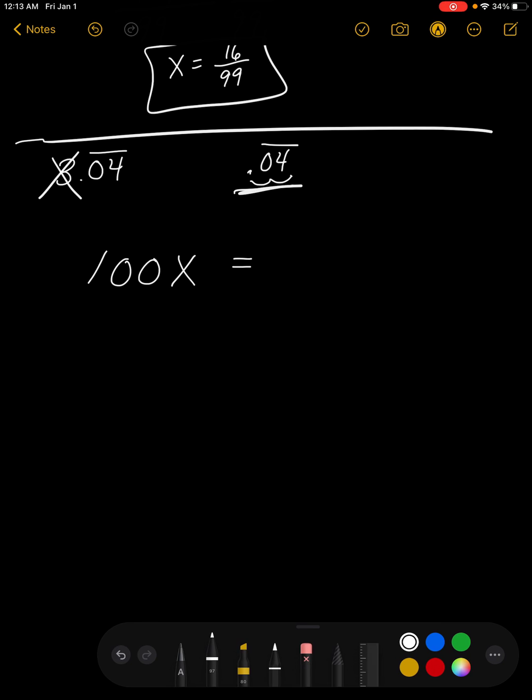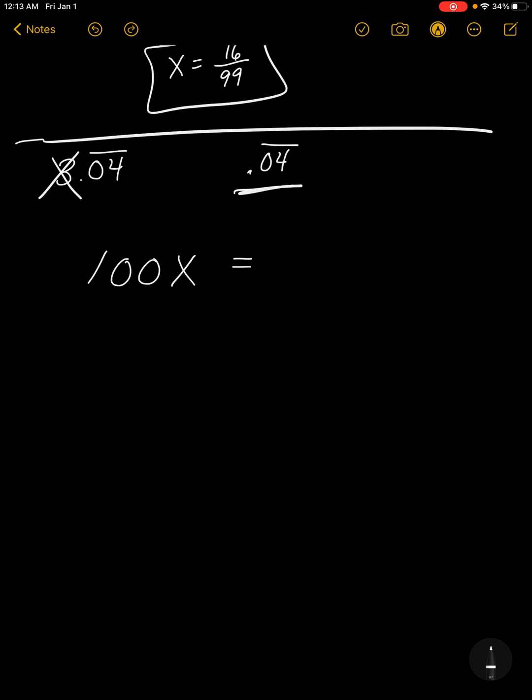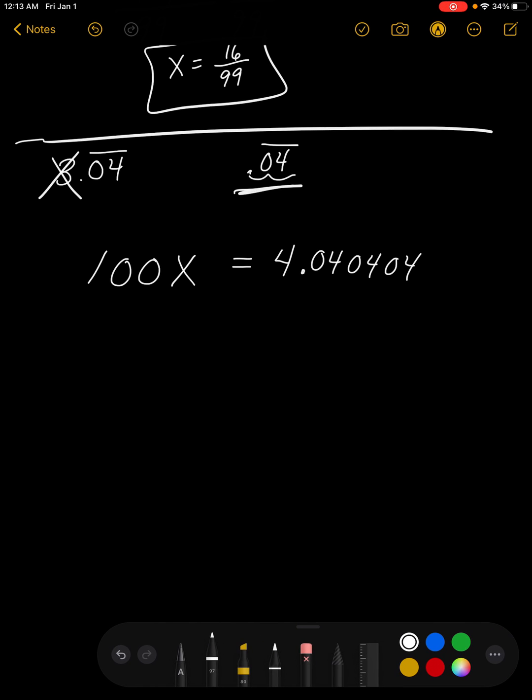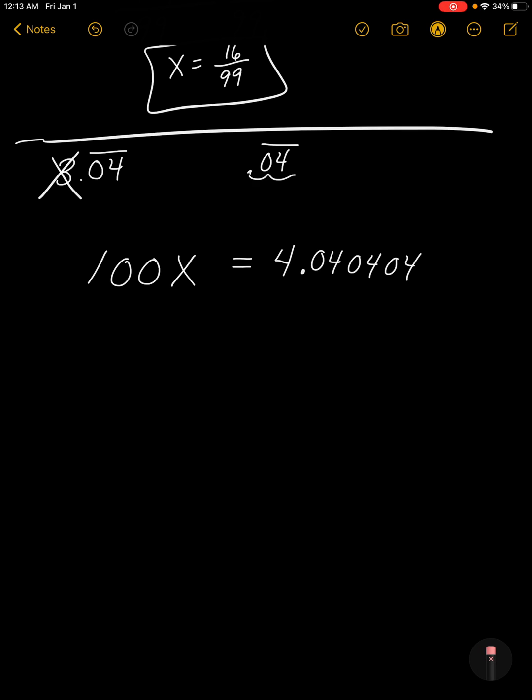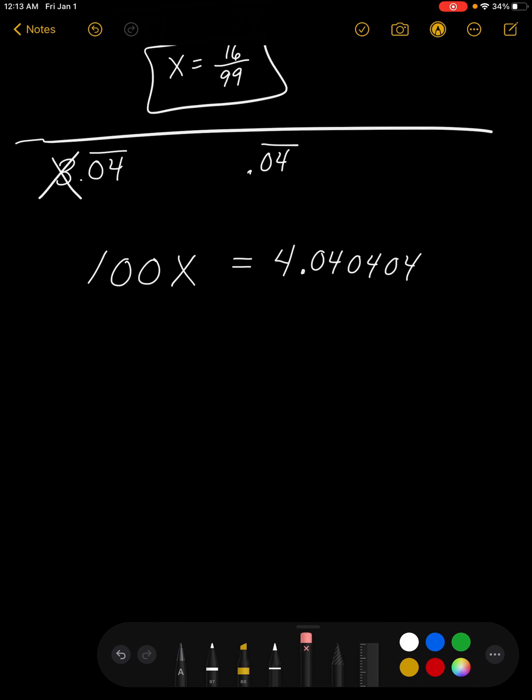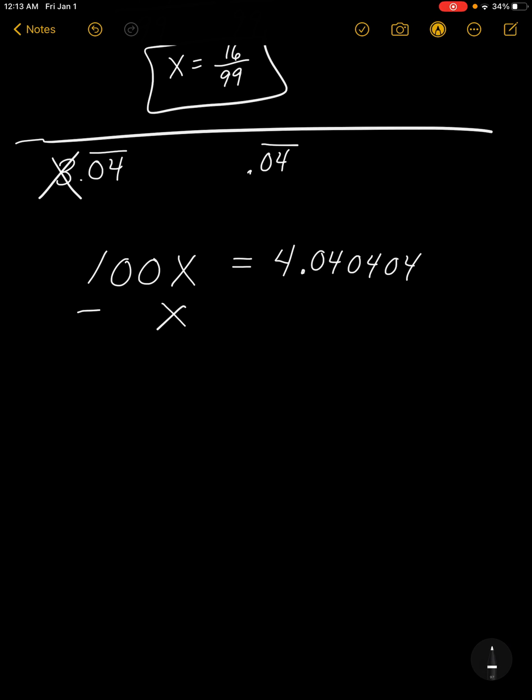So 100 times that number moves that decimal 2 times to the right. Okay, and then I'm going to erase that real quick. That's going to make it 4 point. Now remember, 2 times to the right, but then the next number in sequence would be 040404. It's not like they're going to stop. Okay, so then you're going to subtract x.